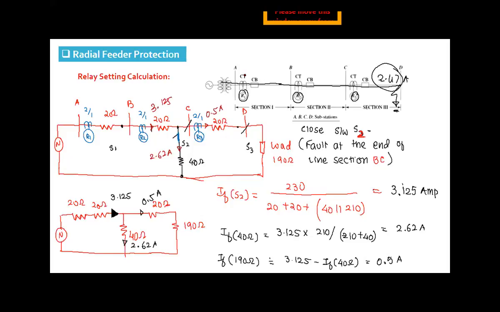No. R3 pickup is 1 ampere and the current through that path is 0.5 ampere. So obviously R3 is not going to pick up.